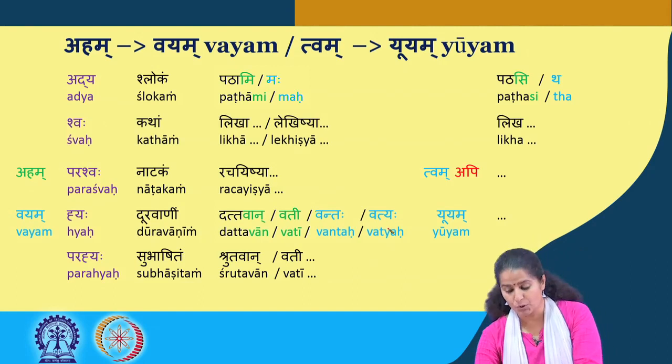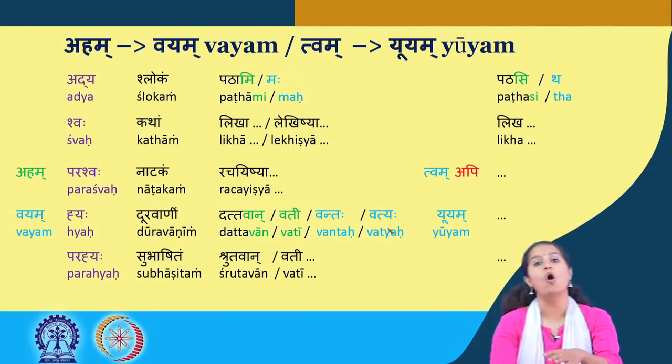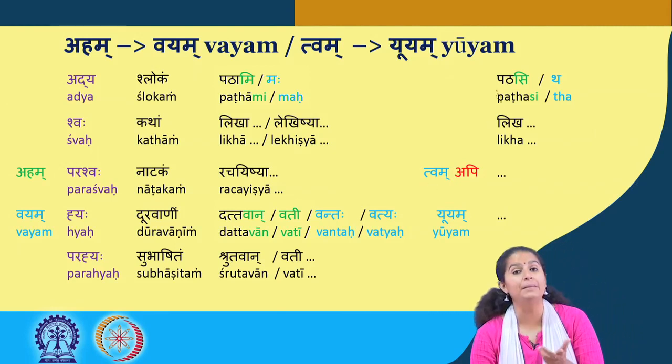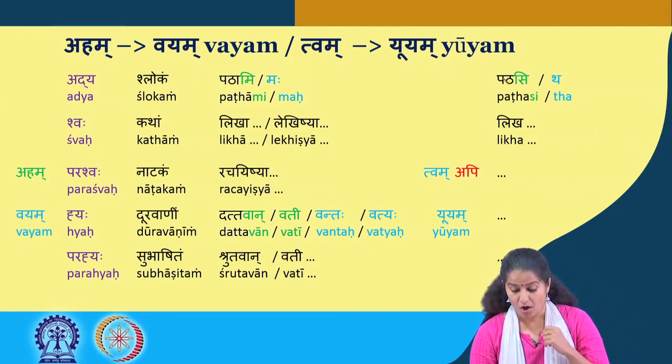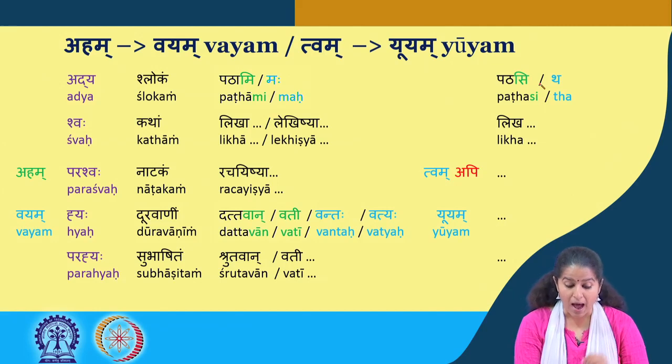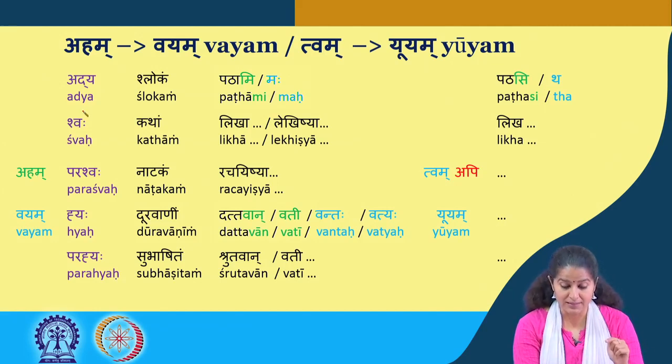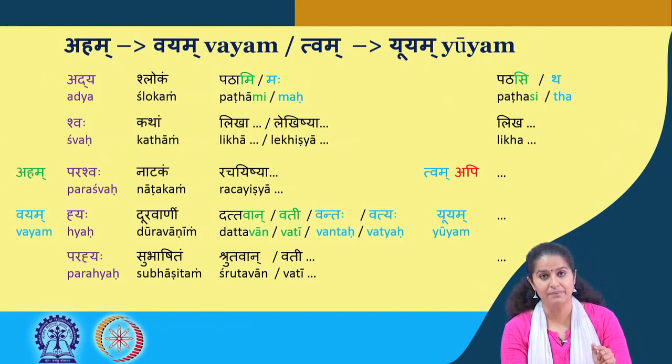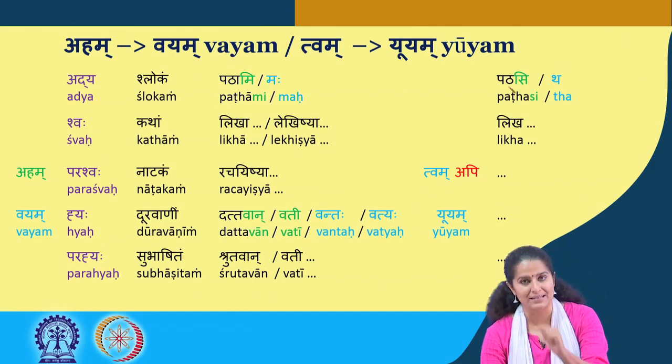Now you can do the second part independently, and then you can combine the whole thing. So you can do tvam api pathasi, yuyam api pathatha. I will now combine it. So you say aham adya shlokam pathami, tvam api pathasi.